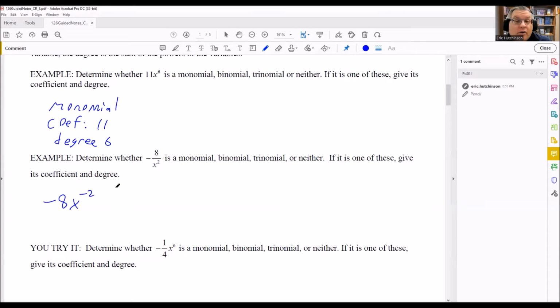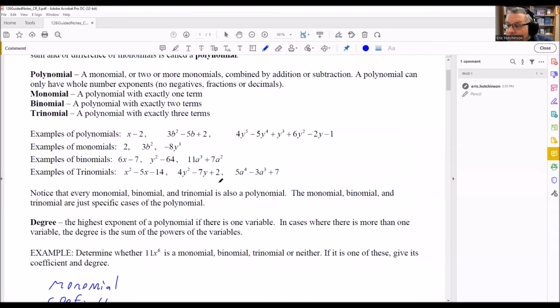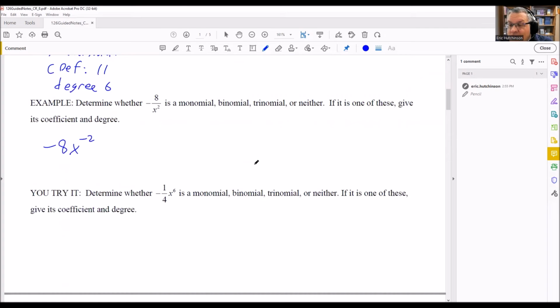Now, one thing about polynomials that we have here, it says that a polynomial can have only whole number exponents. So no negatives, no fractions, and no decimals. Okay. So it says no negatives here. So in this case, we have a negative exponent. So this is not a polynomial.